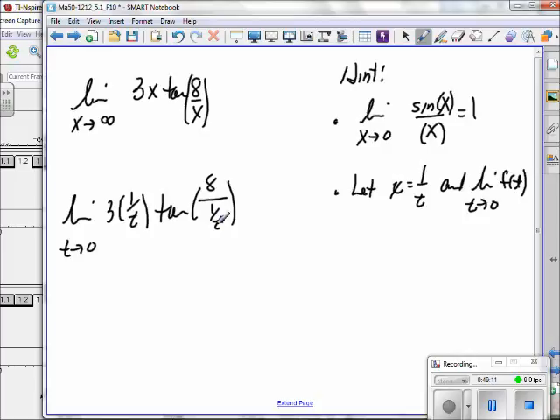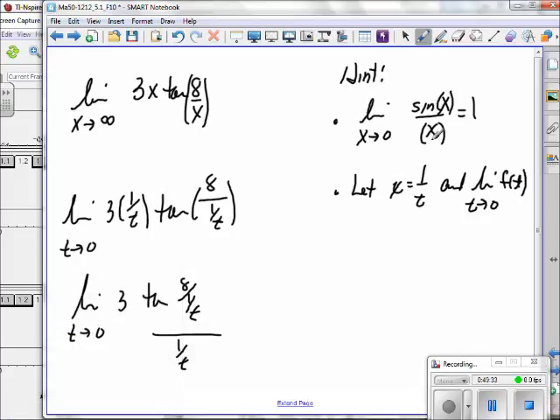But you can't just arbitrarily start dividing in here. That's not allowed. What we do have is the limit as t goes to 0 of 3 times the tangent of 8 divided by 1 divided by t, divided by 1 divided by t.